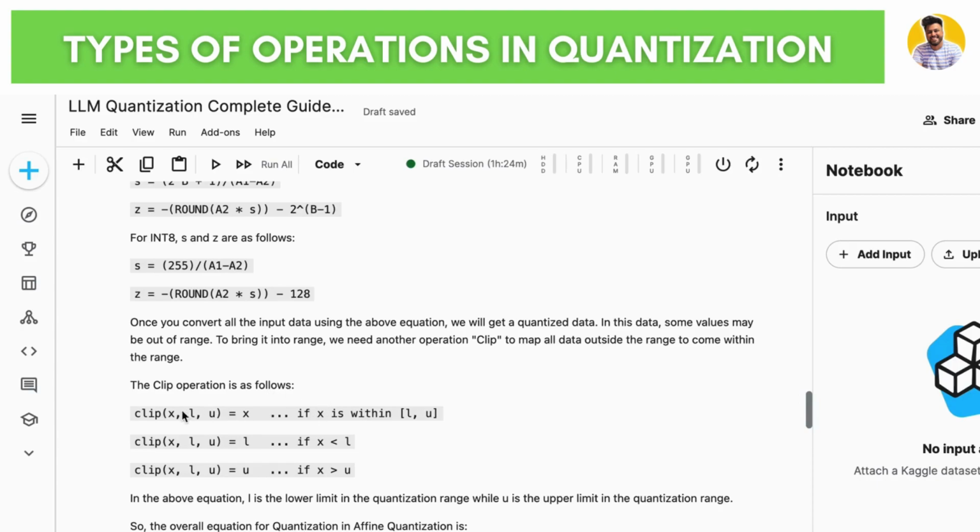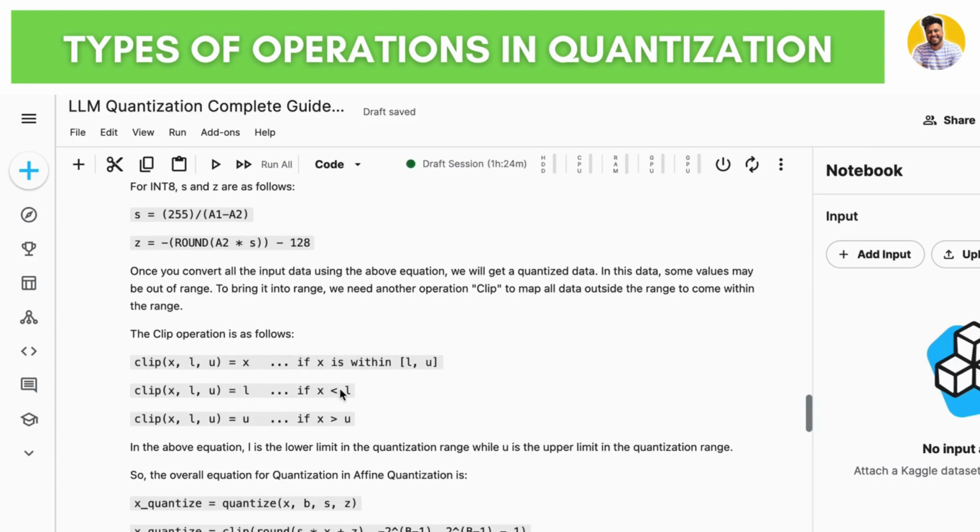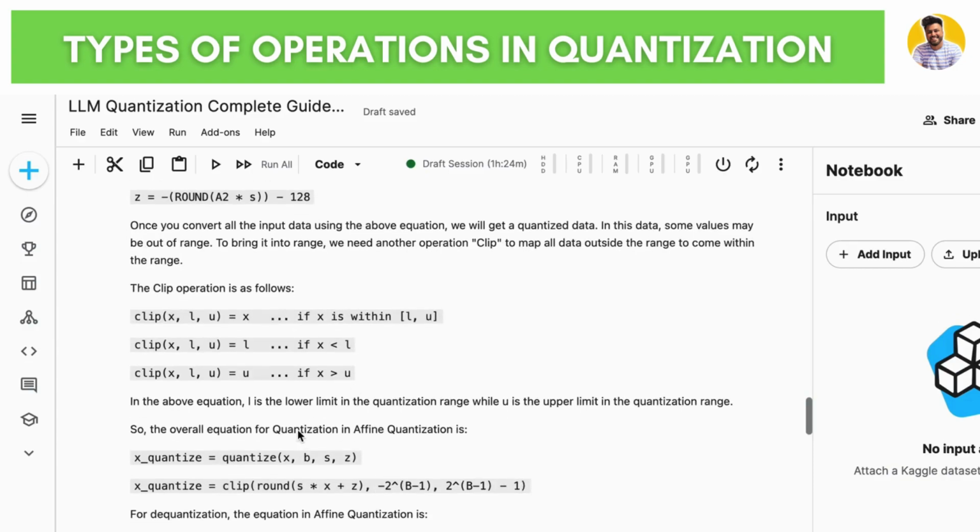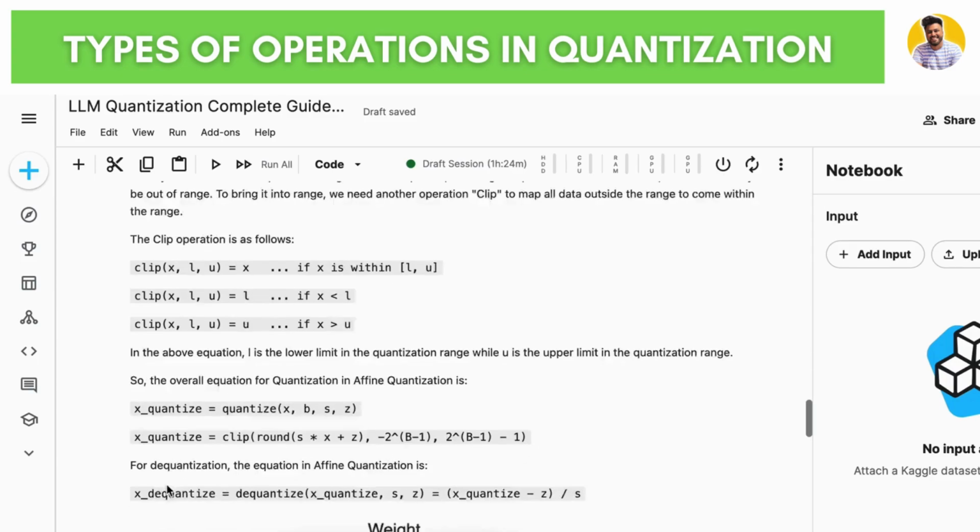By using this clip operation, you can easily get the actual quantized value. So your whole equation looks like this. You have the clip function, you have the round function that includes the Z value, along with your ranges, the minus to the plus range here. In that way you get the X quantized value.